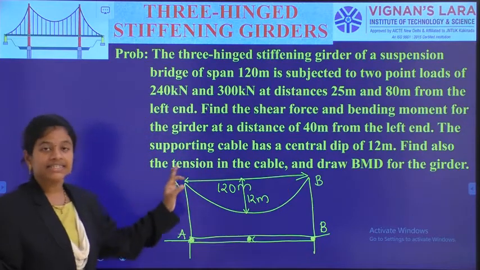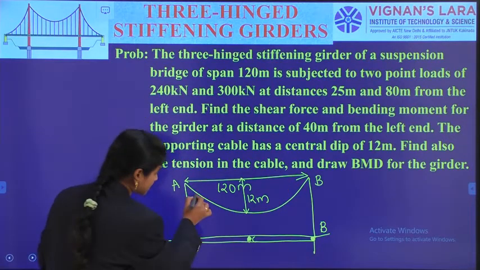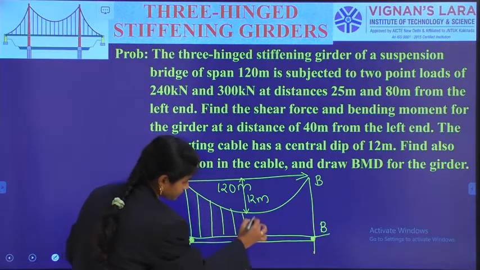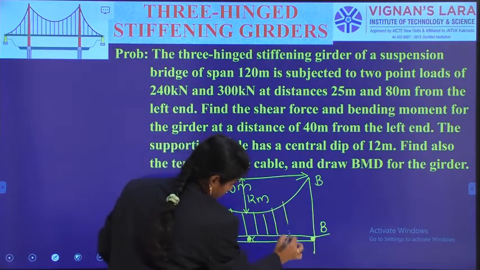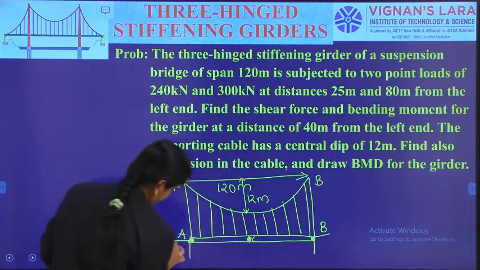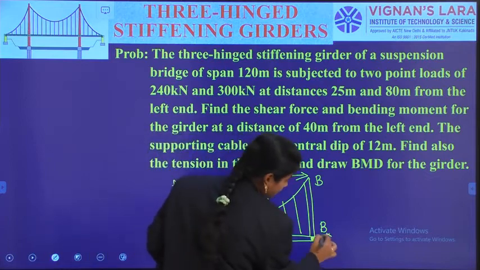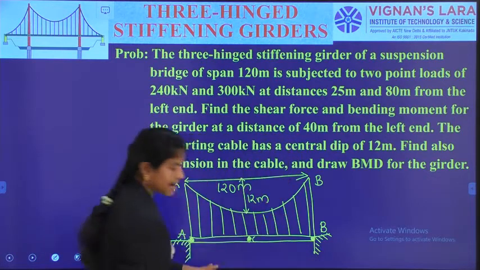And this stiffening girder, or this complete suspension cable bridge, is carrying only support indications. I am giving a hard stratum type indication.